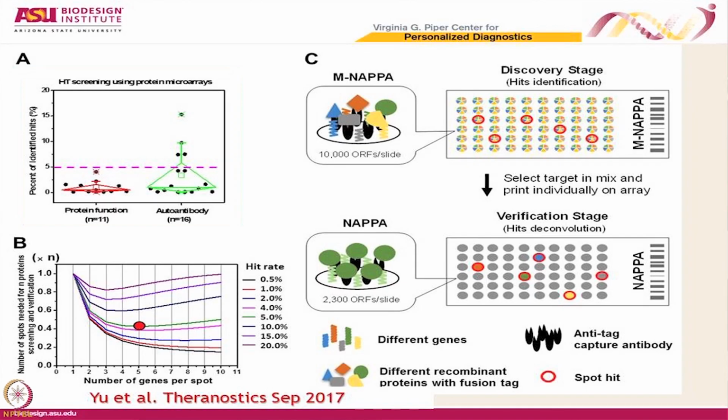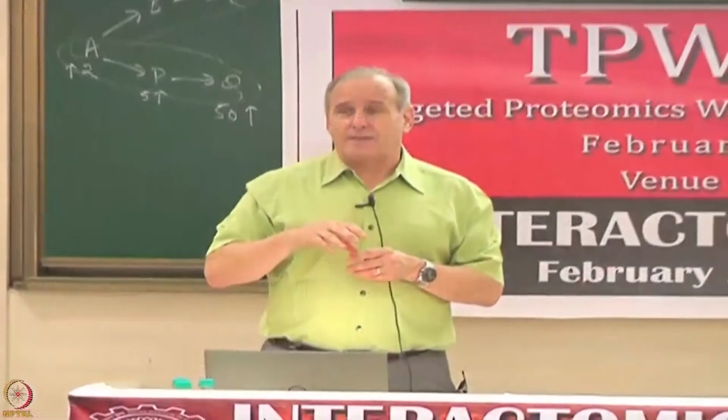In the current NAPPA format on plain glass slides, which is what most people can use, because all the technology I just showed you is kind of fancy and you have to have special instruments to do it, most people would rather work on a plain glass slide the way you have. The problem is, in our current platform, we can only put about 2,300 proteins on that slide.